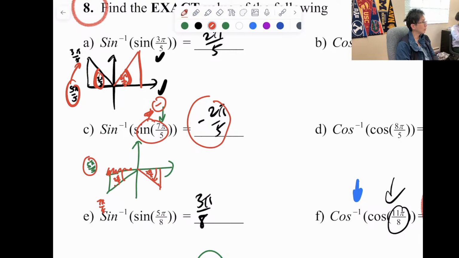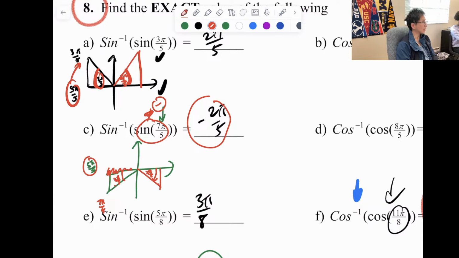Ratio is negative. No, it's not ratio, it's negative. Why is it negative? Oh, because, wait. I don't know. Can somebody tell why it's negative?